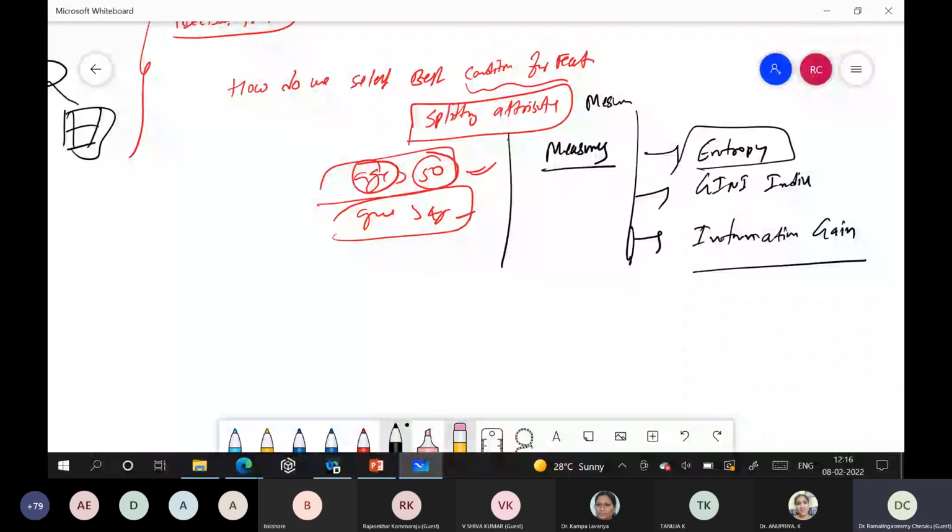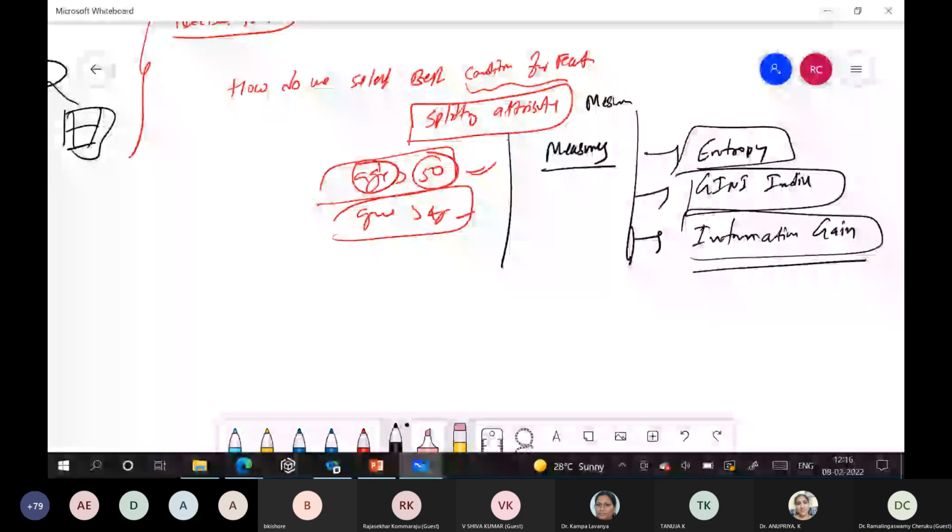Depending on which measure we use, the structure of the decision tree will vary. Different algorithms use different measures. That's the only difference between all these decision tree algorithms or rule-based classification algorithms.